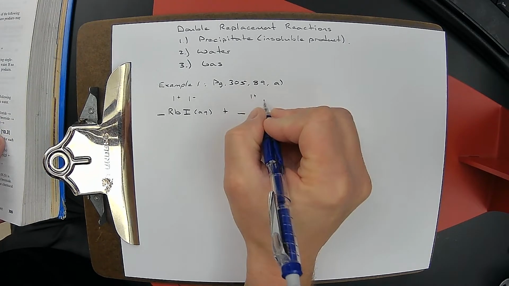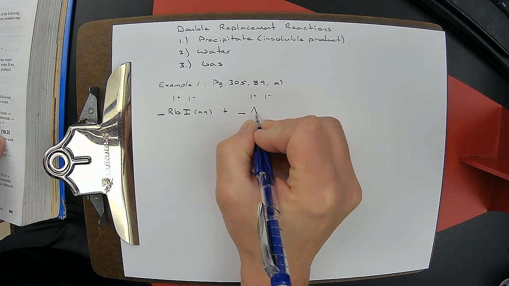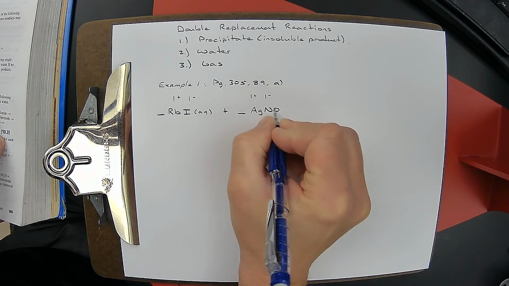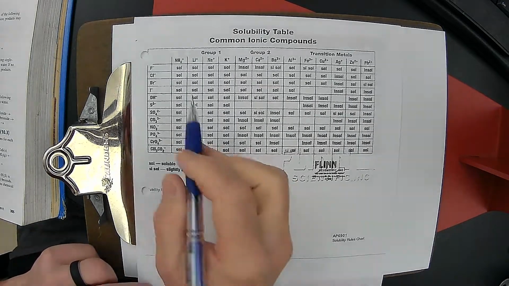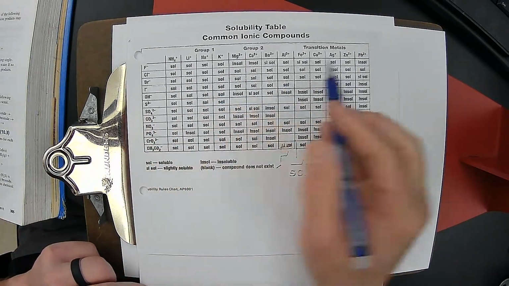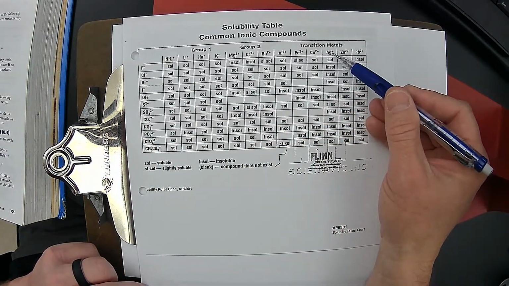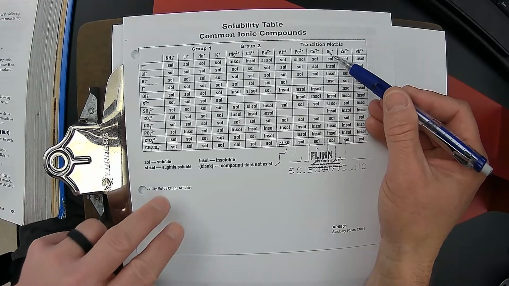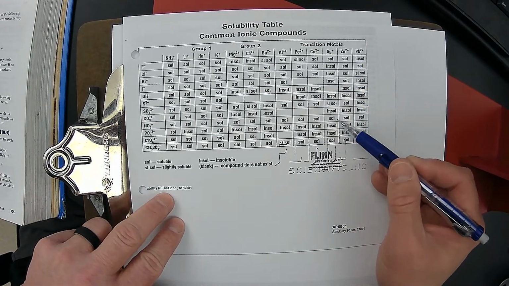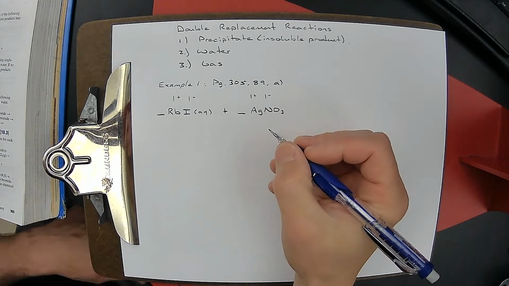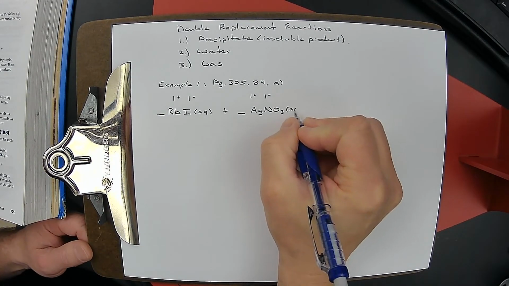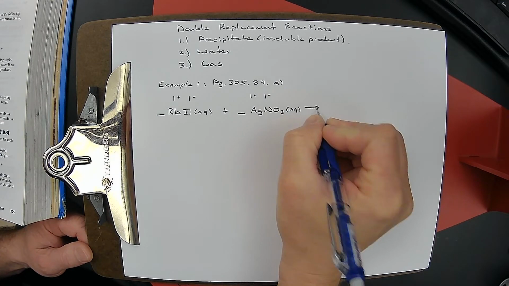Silver is a 1 plus, nitrate is a 1 minus, so it's AgNO3. When we look up AgNO3, it is soluble, just like what we assumed this one to be. So soluble means it's aqueous.